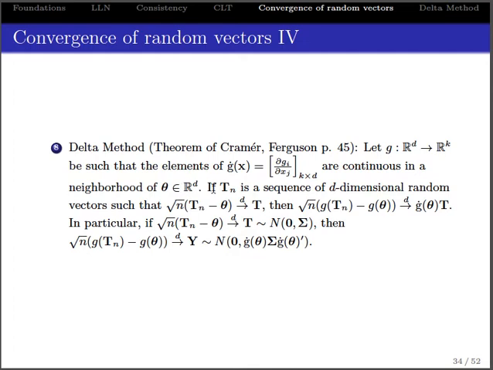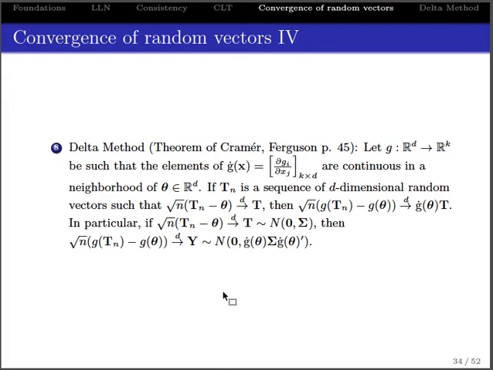then if Tn is a sequence of random variables such that you've got convergence in distribution, this looks like a central limit theorem, doesn't it? Which is the way it usually is applied. So you've got this sequence converging in distribution to t, then a similar version of g of Tn minus g of t goes in distribution not to t, but to g dot, that is this matrix of partial derivatives times t.